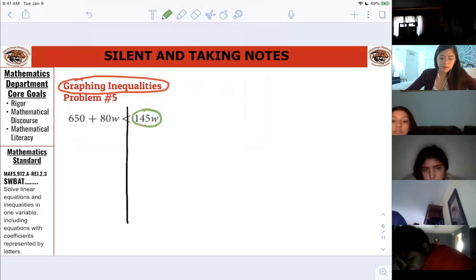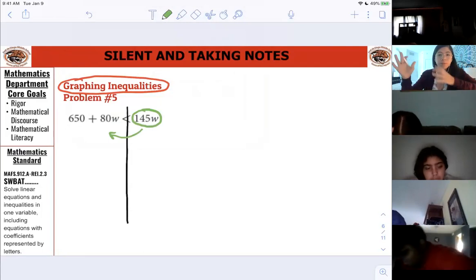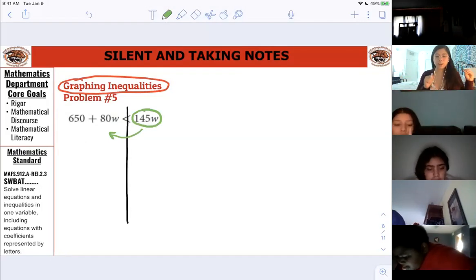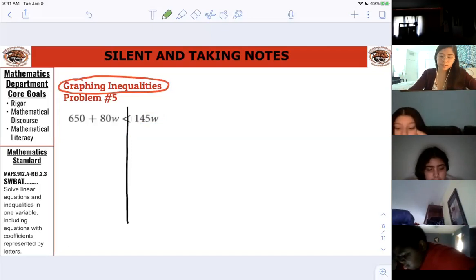Even though the 145W is by itself, when I move it, there's going to be nothing left. But bear with me, because once we do the next step, it'll go back to looking like normal. So we always want to move things to the left. Even if you think you might want to move it to the right, no. If you have a variable, you want it on the left side, not the right side. And you'll see why in just a second.